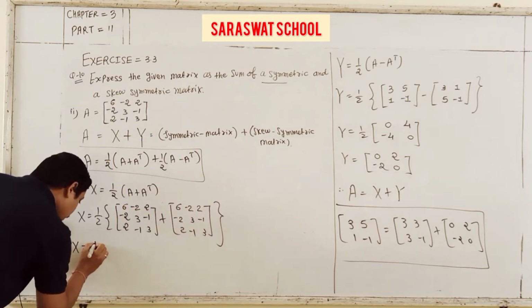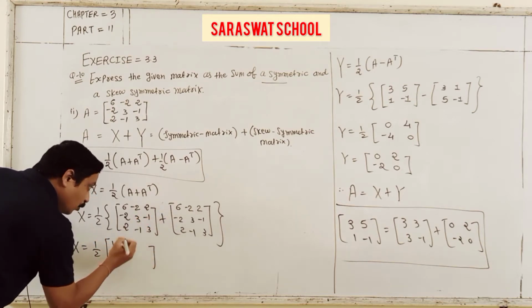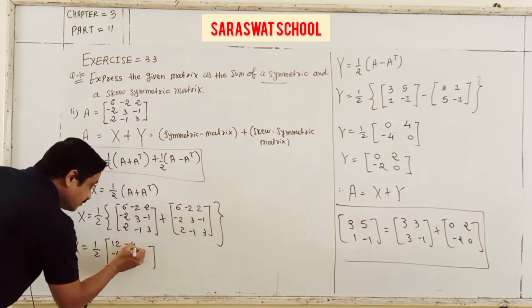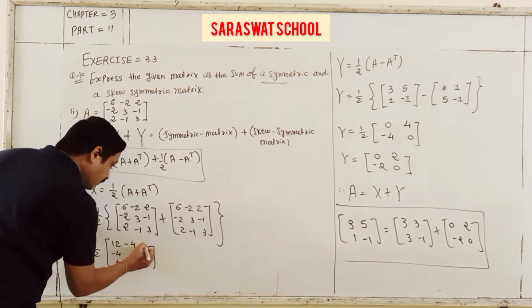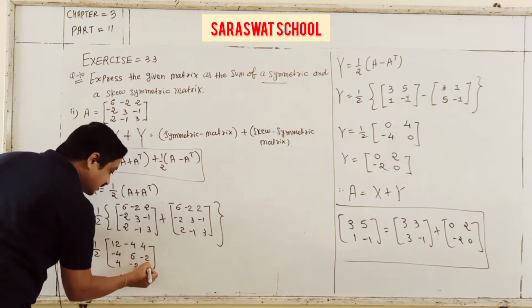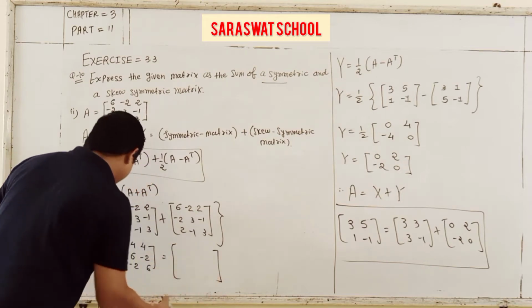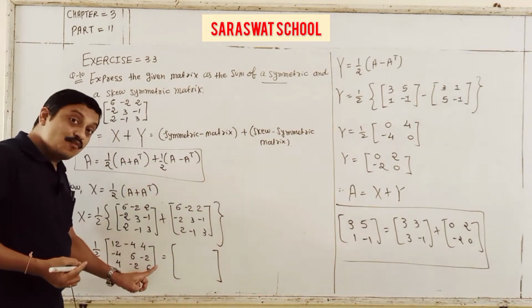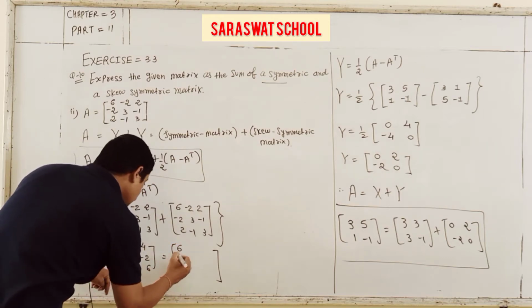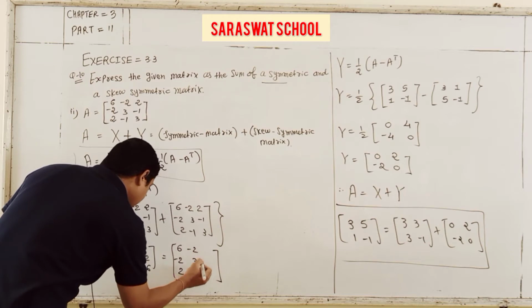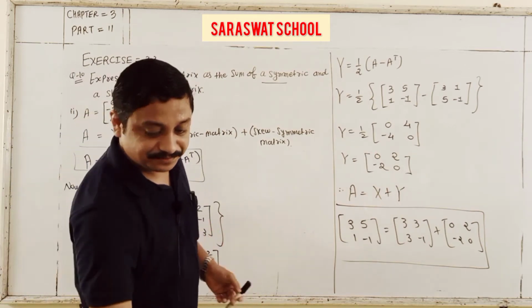Your X part is done by adding: 12, minus 4, 4, next minus 4, 6, and minus 2, one more 2 and 2 is 4, minus 2, and last 3 and 3 is 6. Now divide by 2, a simple divide of each and every element. So 6, minus 2, 2, minus 2, 3, minus 1, 2, minus 1 and 3. That is the first part done.